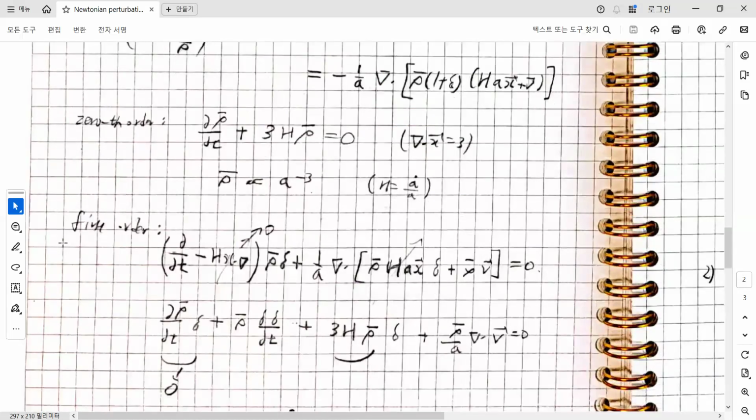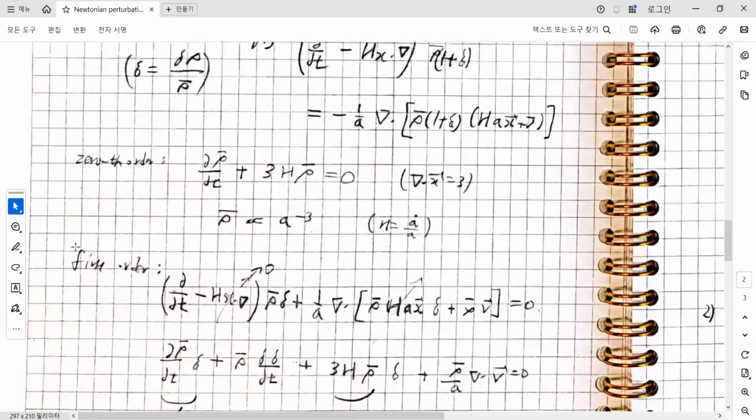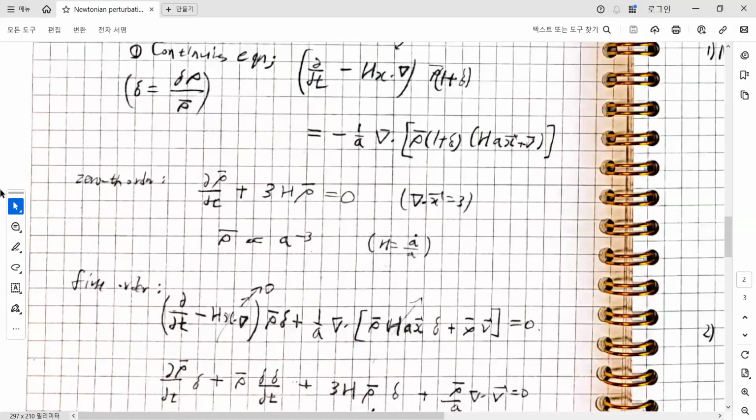First of all, here we can extract rho bar and delta on the left-hand side and the right-hand side. We can obtain rho bar and delta as the first order, or rho bar delta, and also v at first order.